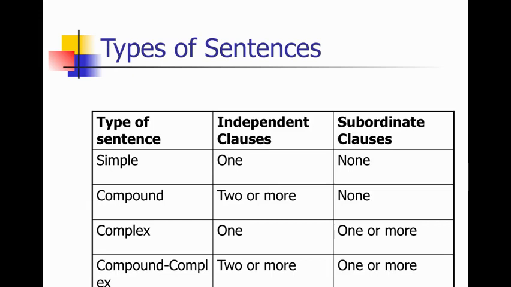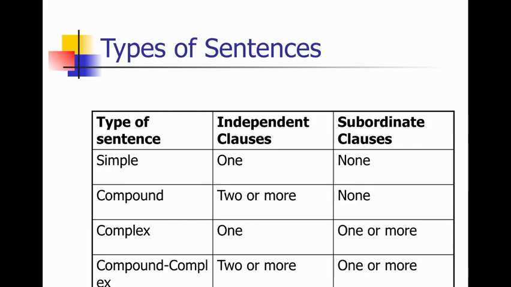So we were working with independent clauses and dependent or subordinate clauses in the last couple of weeks. So that's where your knowledge of those types of clauses comes into play this week. A simple sentence is built of one independent clause, and that's it. Whereas a compound sentence has 2 or more independent clauses, but no subordinate or dependent clauses.